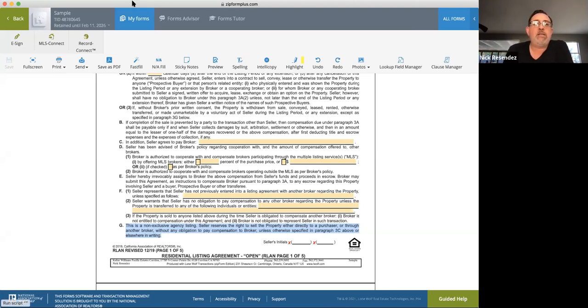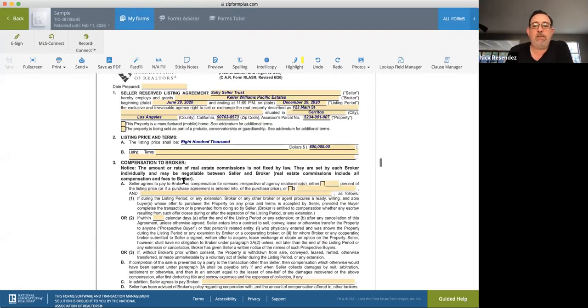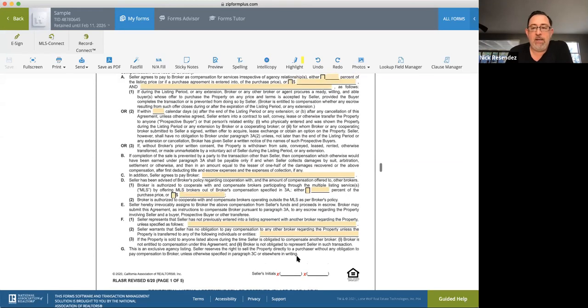Okay. Now let's take a look at the seller reserved. So this is the second type of listing agreement we have. And again, it's going to have that paragraph G. Let's see what it says on this one right here. It says, this is an exclusive agency listing. Seller reserves the right to sell the property directly to a purchaser without any obligation to pay compensation.